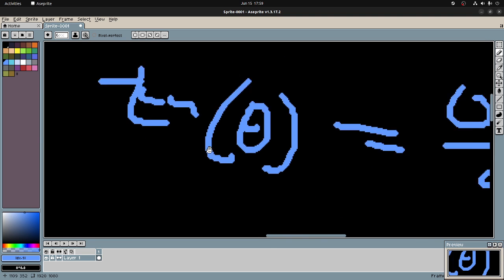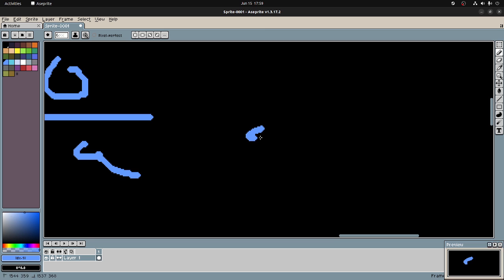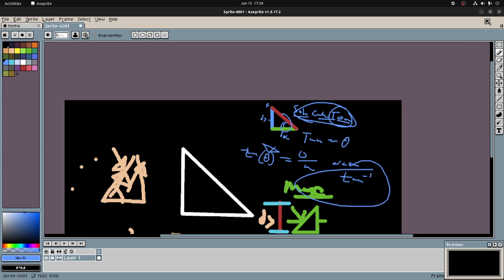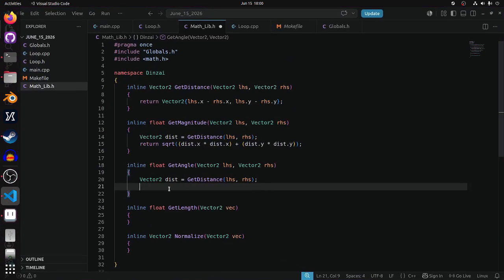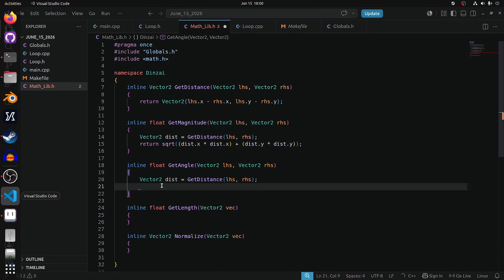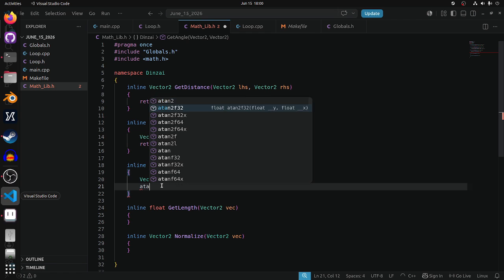The reason I bring this up is we want our angle. We don't want the tangent of our angle. We want straight up our angle. And there's a thing called an arctangent. That's basically just like having a tangent to the -1. I bring this up because here I want to call the arctangent. So atan2. And there's two arctangents here.